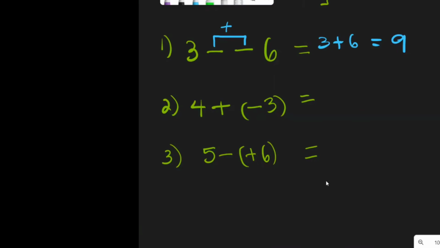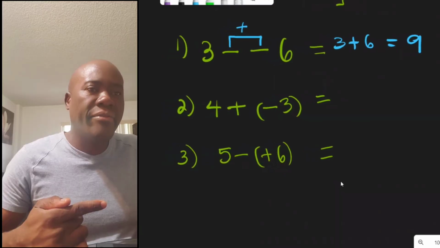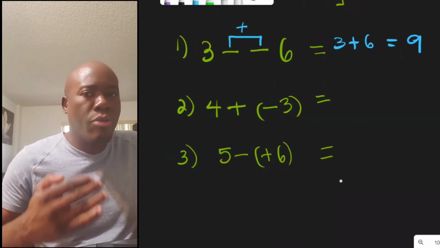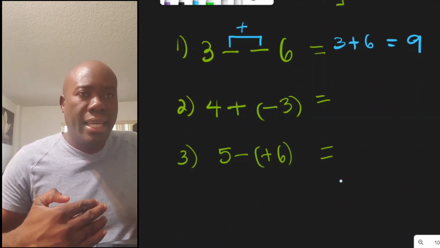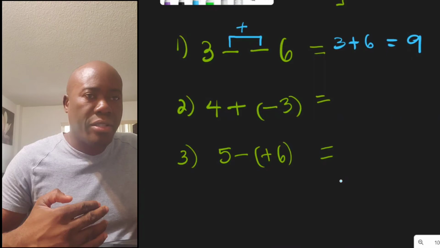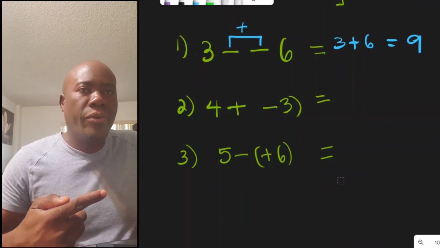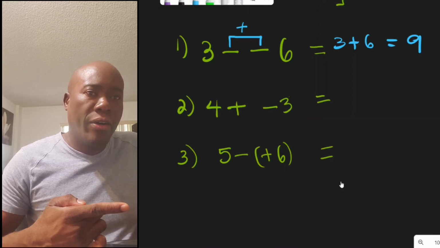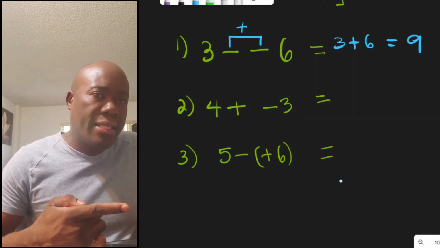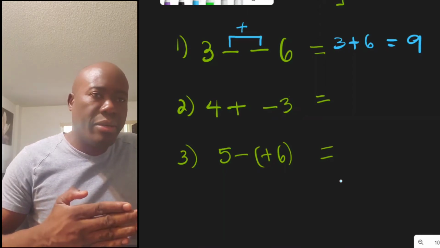We're looking at 4 minus negative 3. I put that negative 3 in a bracket so you could see it's a negative number, but let me take this negative sign off for you to see what's going on here. Technically, we're looking at 4 plus negative 3. This negative and positive, there is nothing between them.